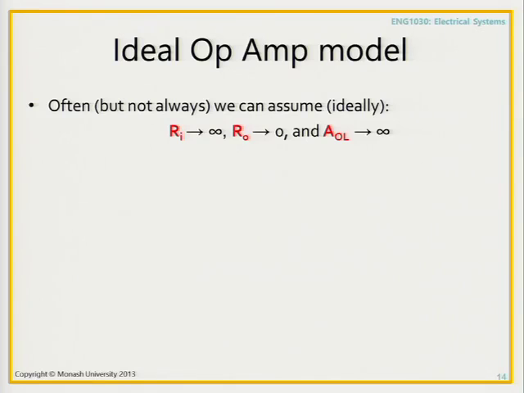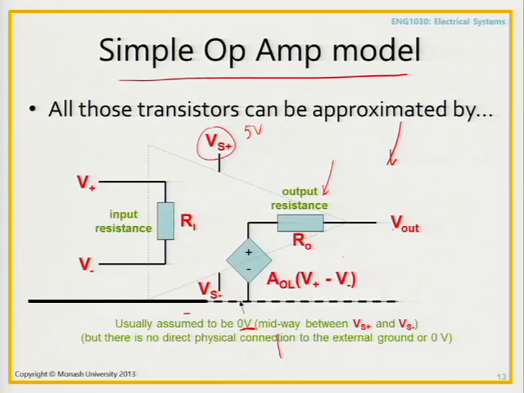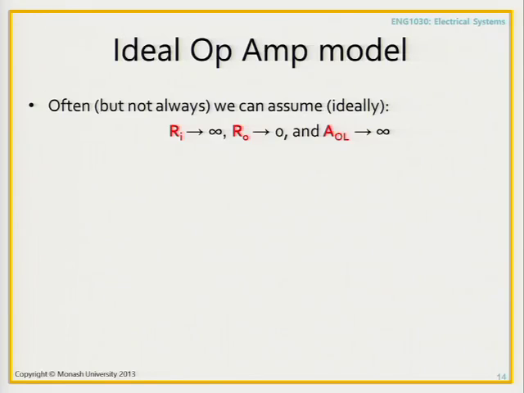So in the ideal case, these resistances, Ri and Ro, and AOL have certain values that we can assume if the op amp is ideal: the input resistance is infinity, the output resistance is 0, and the AOL scaling factor is infinity. Now, why are we doing all this?